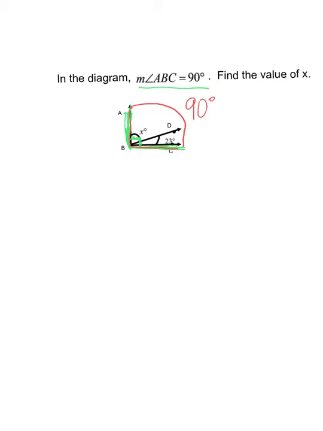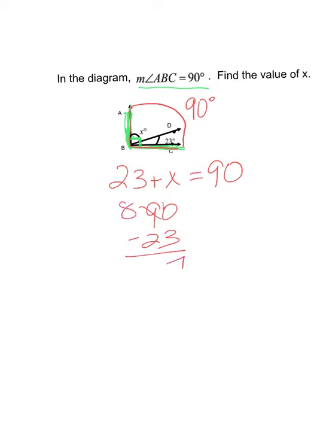Value of x. So 23 plus x has to equal 90 degrees. So 90 minus 23 is 67. So x equals 67 degrees.